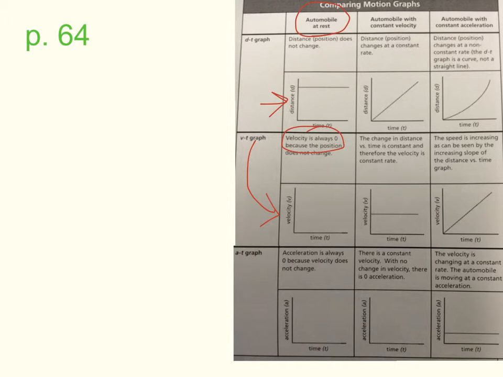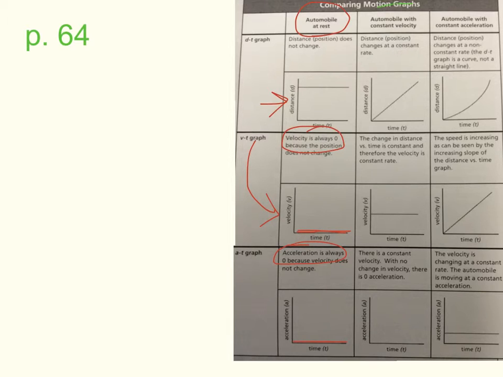So our data line would be right across at 0 velocity. And here the acceleration is 0 because the acceleration isn't changing. The speed isn't changing. The object's not speeding up or slowing down. There is 0 acceleration. The object is just standing still.